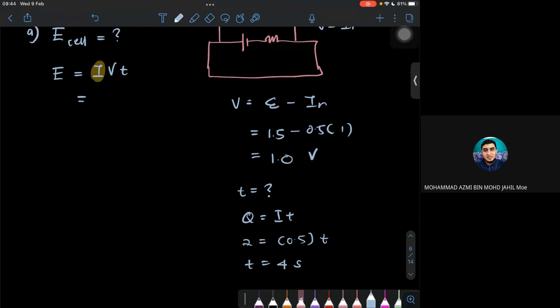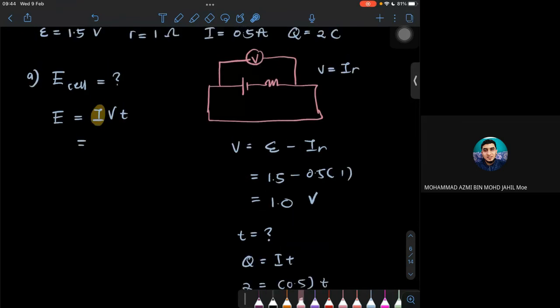Wait, before that, I think ada silap lah di sini. Apa silap dia? Di mana, Miss? This one, you shouldn't get 1 volt. Saya nak pakai yang E minus IR. I think, wait.